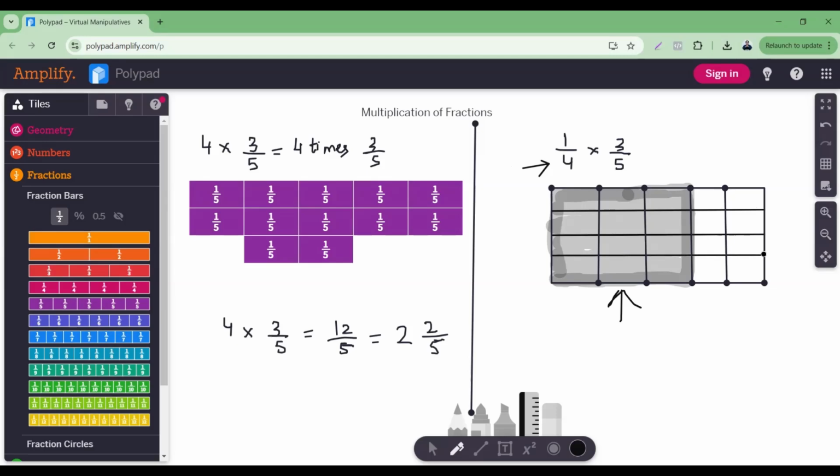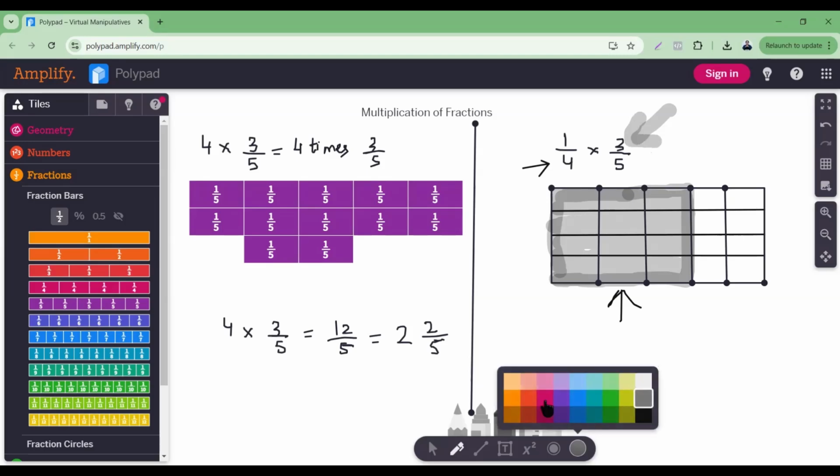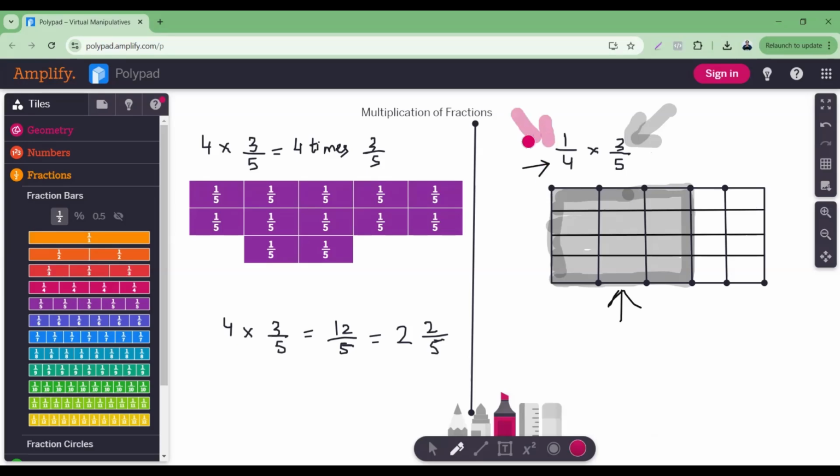And in the entire rectangle, I made four pieces. Now remember, this 3/5 was shaded in gray color. Now, to represent the 1/4, I'm going to use a pink color shade. So, I have made four horizontal pieces.